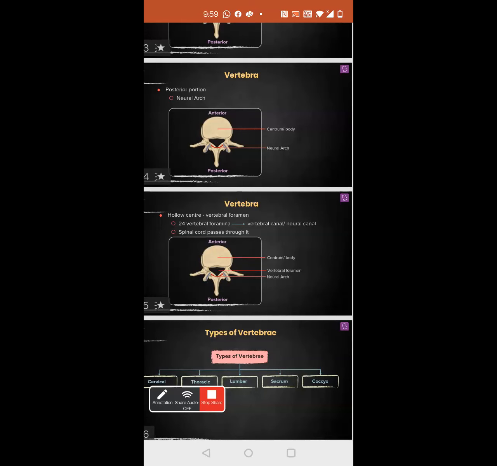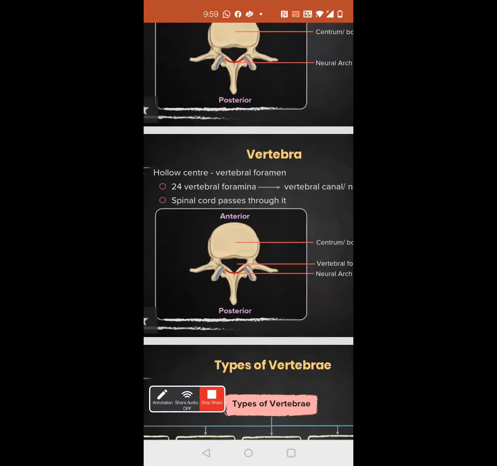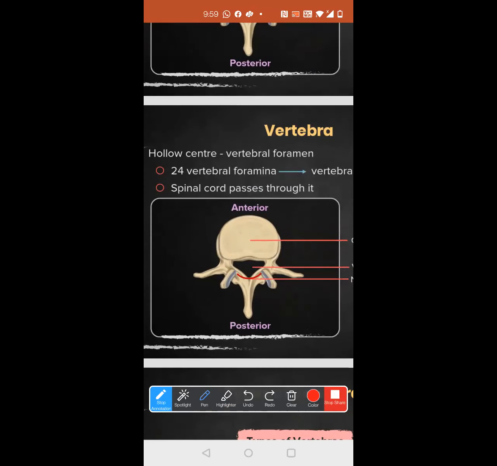In this vertebra, you have a gap in the center, and that gap is called the vertebral foramen. Is this clear? Vertebral foramen.